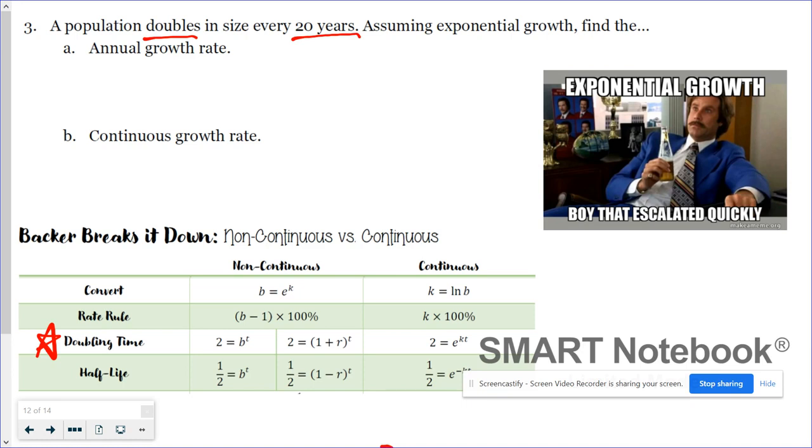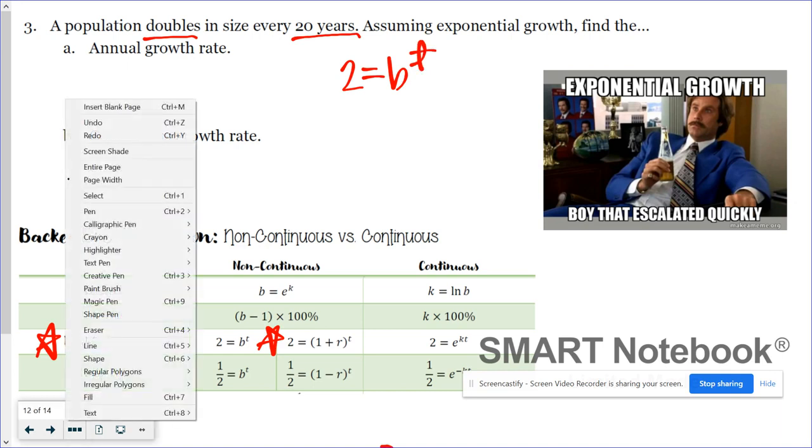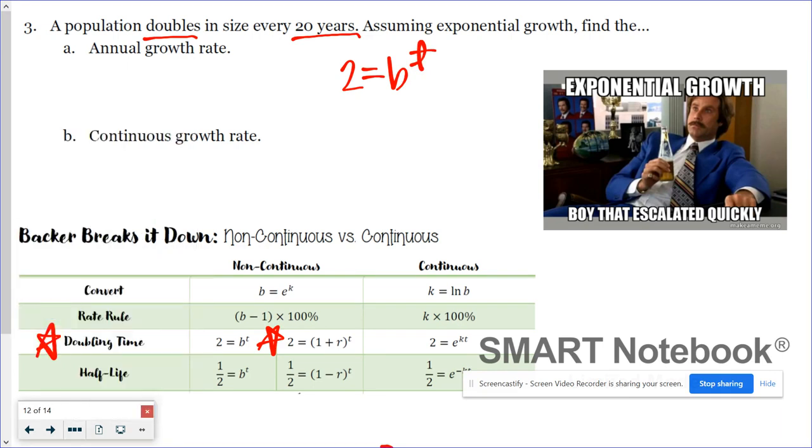So I'm going to write a base b exponential function here. So the formula for doubling is 2 equals b to the t power, right? I know t is 20. So I have 2 equals b to the 20th power.